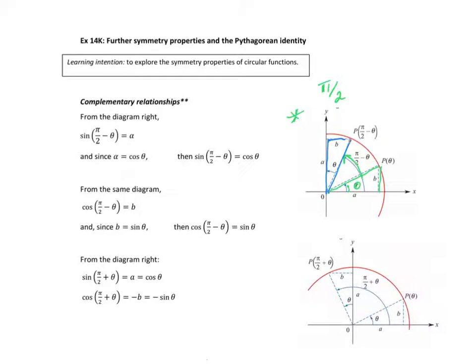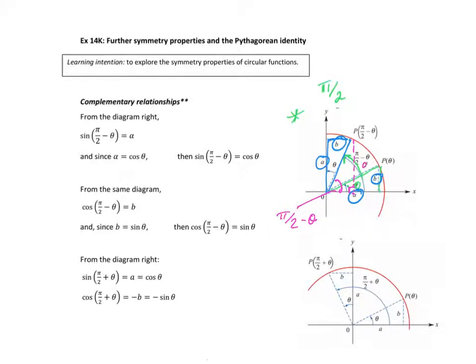So we now have a new triangle up here. What's actually happened is that our A, which was the horizontal, is now our vertical, and our B, which was the vertical, is now the horizontal. If we draw a line down there, that's the same triangle, but this angle here is pi on 2 minus theta.